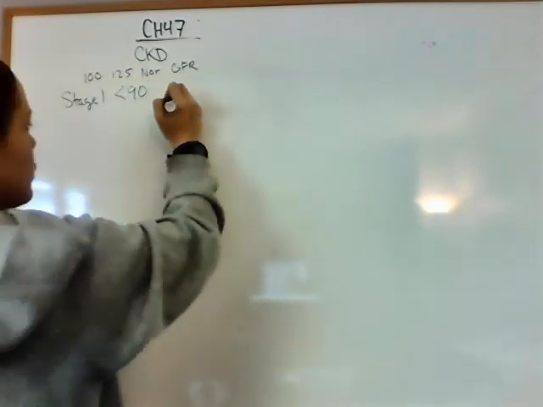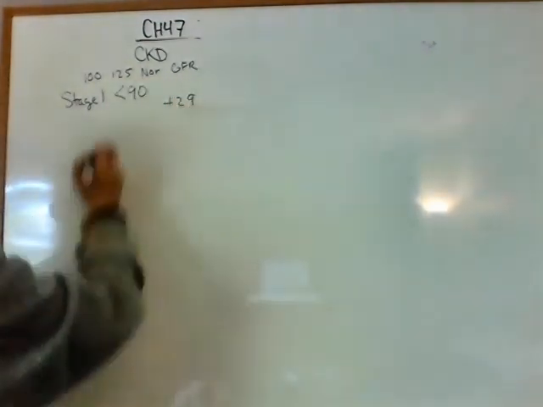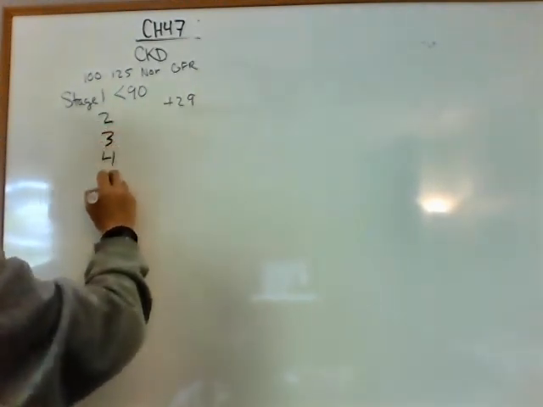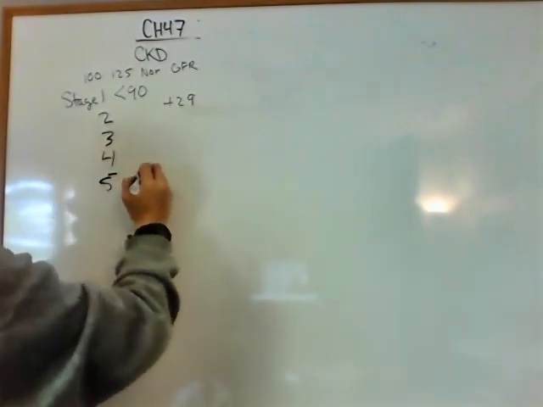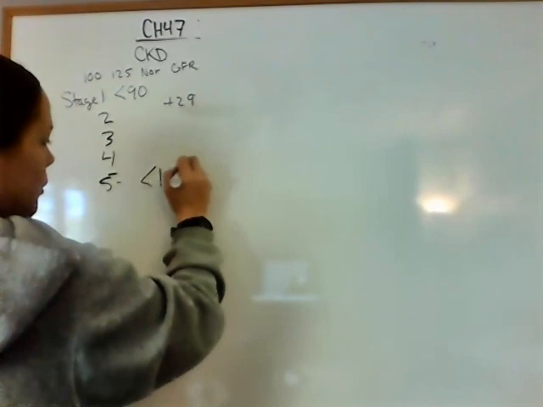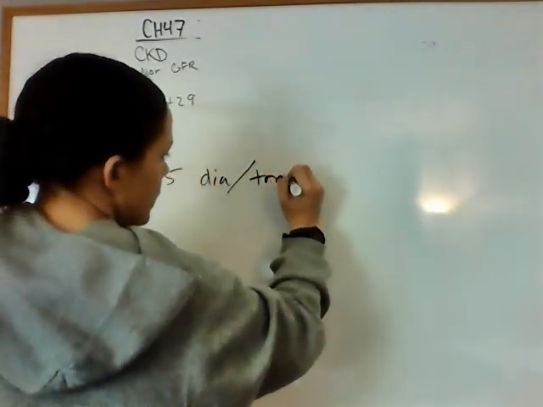Alright, and then from there it's pretty much going in 29s, okay? So there's a stage 2, there's a stage 3, and there's a stage 4, and your last one is stage 5. So if you can remember that stage 5 is going to be 15 or lower. This means dialysis or transplant, period.